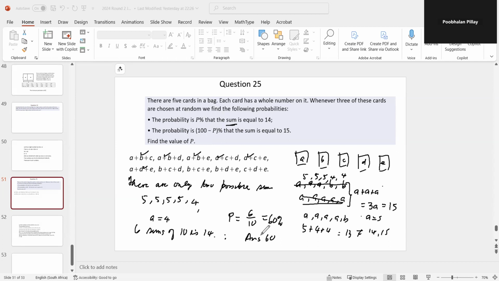It's quite a challenging sum, but it's the last, because we are at question 25 now. So the last problem is usually the most difficult one. So that is the answer to this question.